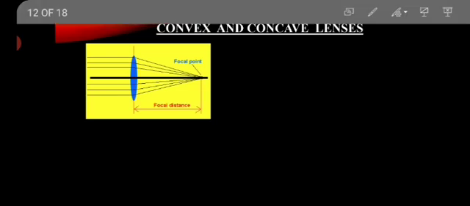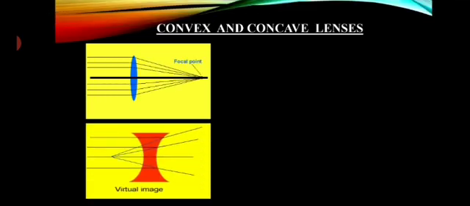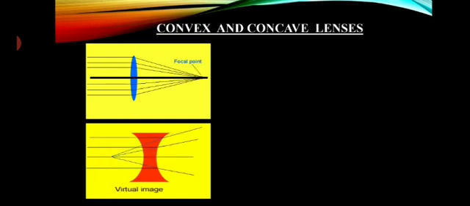Whereas in a concave lens, light rays approaching the lens from infinity diverge on passing through the lens and appear to converge on the same side of the lens.